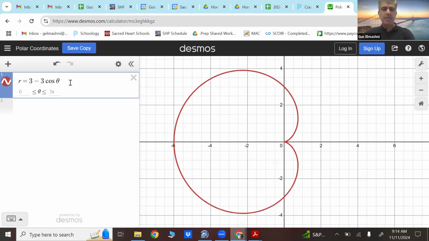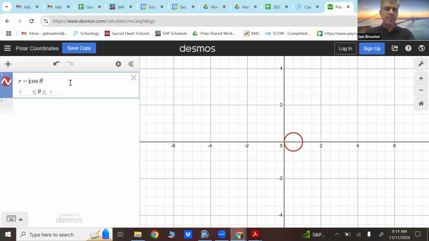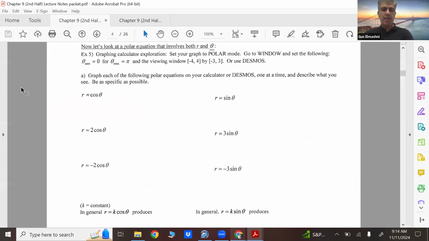Okay, here we go. So if I do r equals cos theta, you just get that. Just a circle with the radius of, sorry, radius of half. So when you graph that, it just looks like this. Okay, no worries. Yeah, so if you just graph that, you just get that.